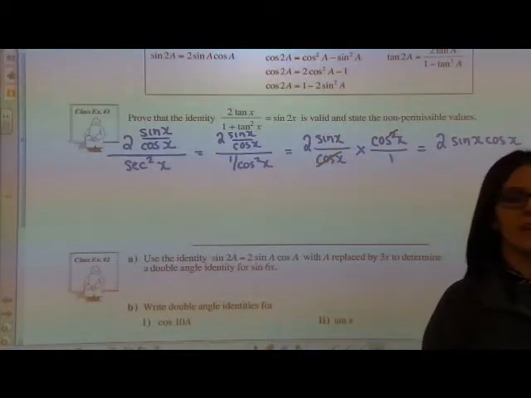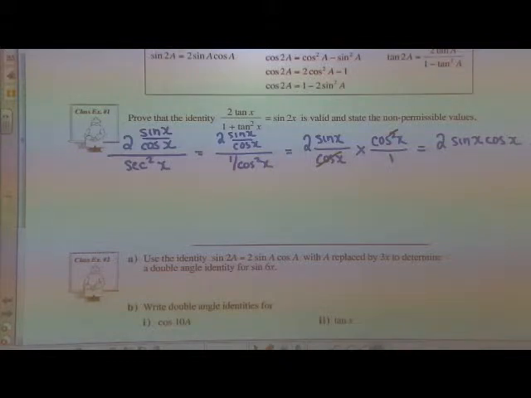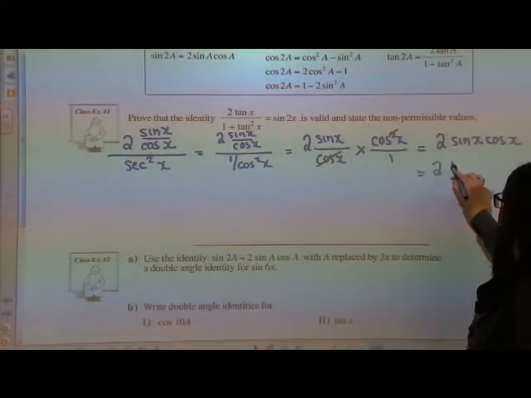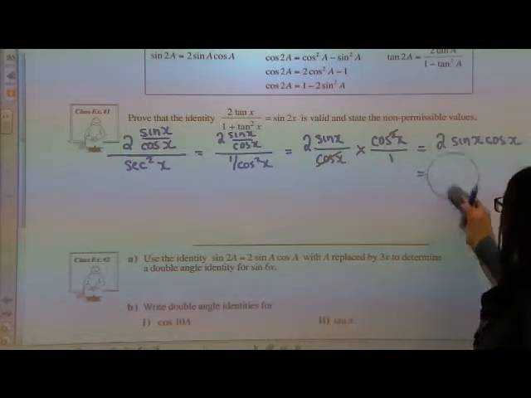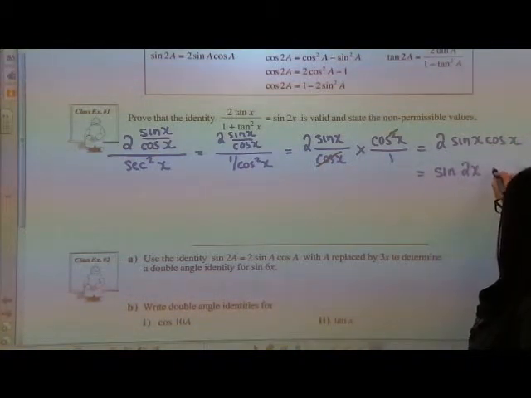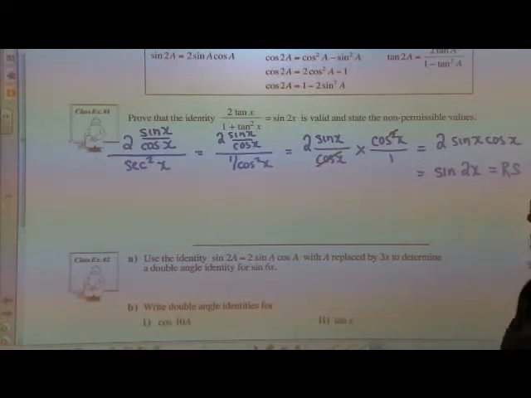And I get 2 sine x cos x. Is there anything else I can do? Doesn't that equal sine 2x? So it equals the right-hand side.